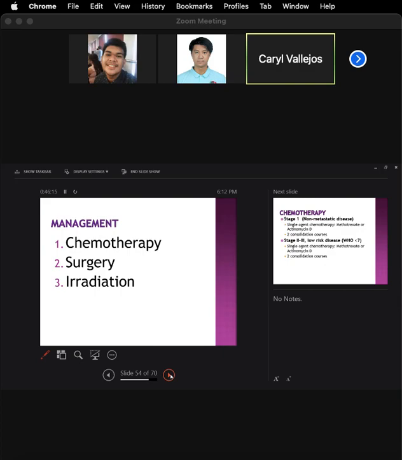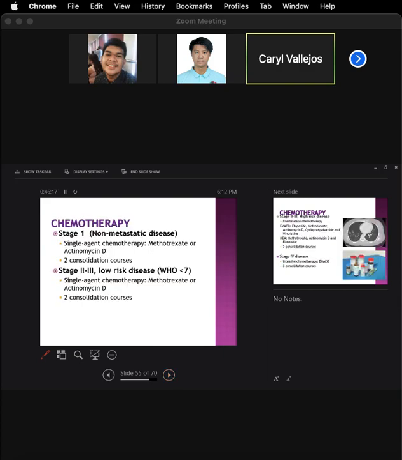So for your chemotherapy, stage 1 is known as the non-metastatic disease. For stage 1, regardless of the risk score, still the management is a single-agent chemotherapy, either methotrexate or actinomycin.